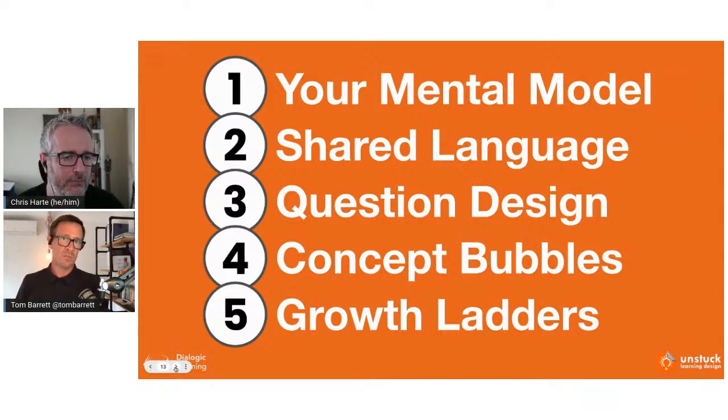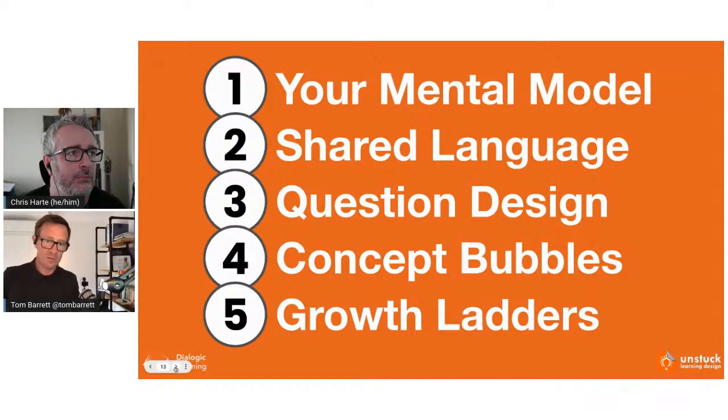One of the first things we often talk about with schools and teachers that we work with is that this can be the base of a shared language that you can invest in over time. A very practical way to use that language is to design questions. So designing better questions, really precise questions that give you the right signals at the right time so you know what to do next.